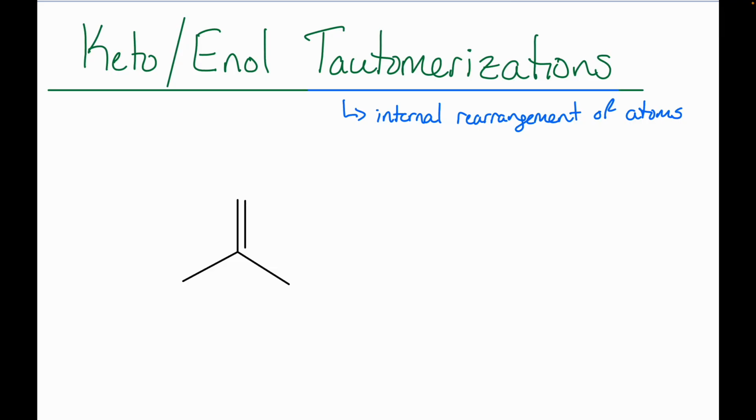Okay, it turns out that that ketone is always in an equilibrium. Granted, an equilibrium that favors that ketone form, but it is nonetheless in an equilibrium with what's called an enol, where we have that carbon-carbon double bond located right next to an alcohol group.